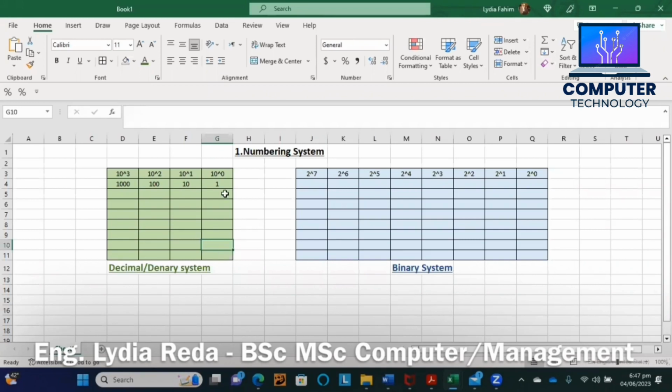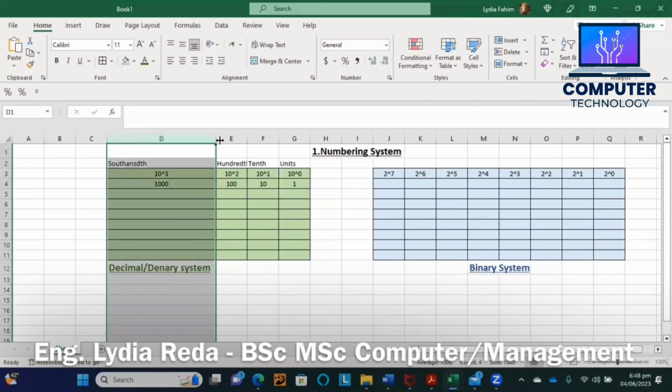We call those units, which is from 0 to 9, tenths, hundredths, and thousandths. This is our system, okay?